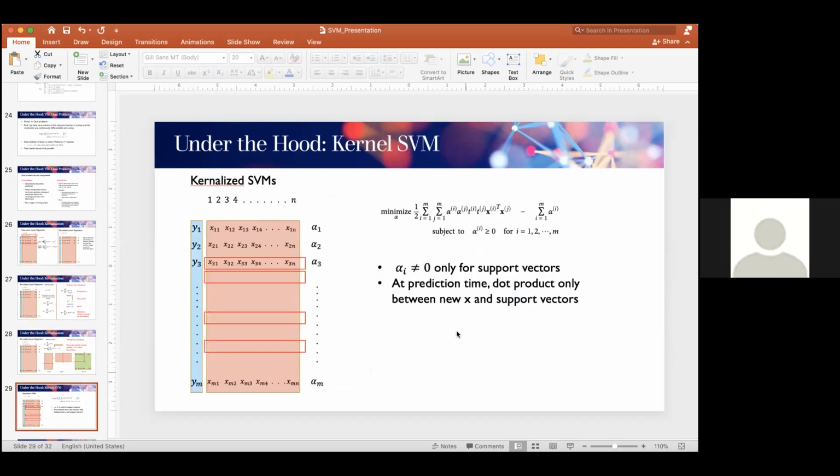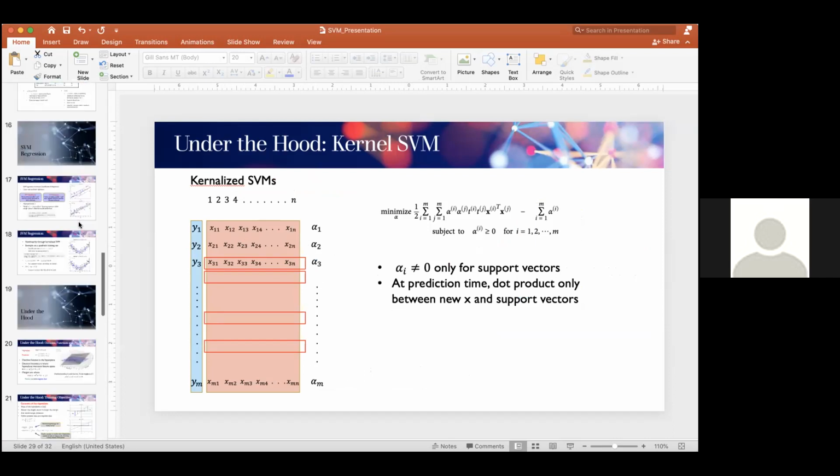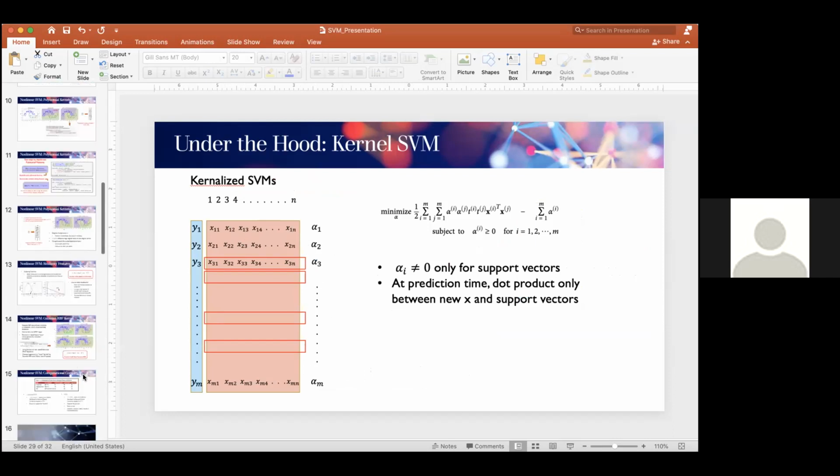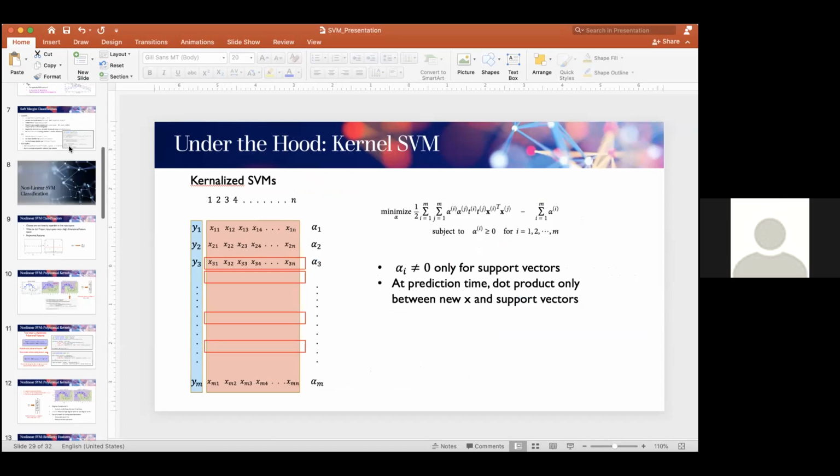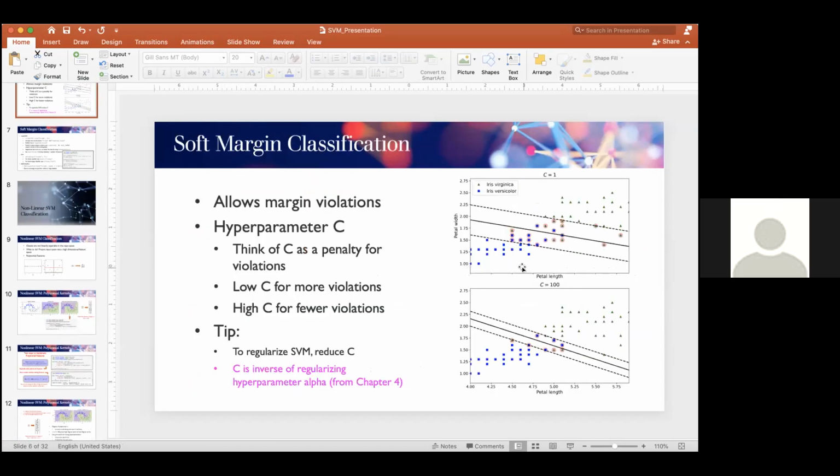Yeah. So, right, the alpha i here is the weight on a training instance that is not a support vector, which means that it's being correctly classified. As an example here, all the blues that are outside the margin and all the greens that are outside the margin, alpha is 0.